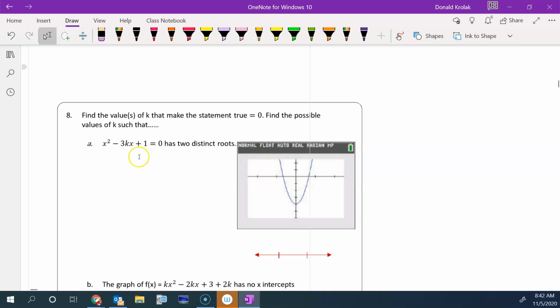Now we're just able to look at the discriminant. All right, so find the values of K that make this statement true. Find the possible values of K such that this has 2 distinct roots. So instead of graphing that original, I'm going to graph the discriminant.